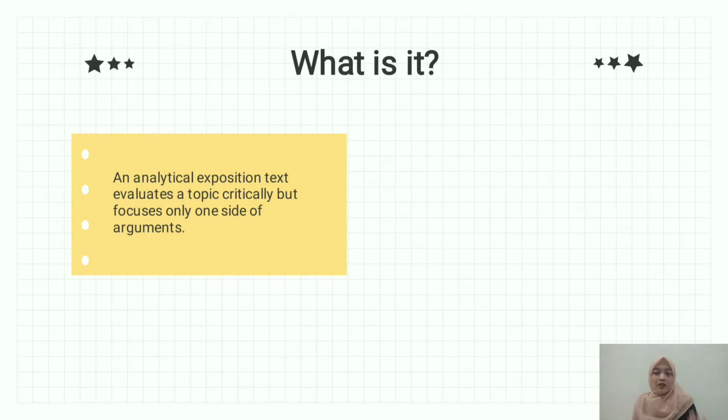Jadi, analytical exposition text itu isinya adalah pembahasan isu yang penting untuk didiskusikan. Biasanya, si penulis atau pembicara akan memberikan beberapa argumen untuk mendukung thesis statement mereka atau mendukung fokus mereka. Mereka bisa pro terhadap sesuatu atau kontra akan sesuatu. Jadi, only one side of argument, tidak keduanya. Okay? You got it?